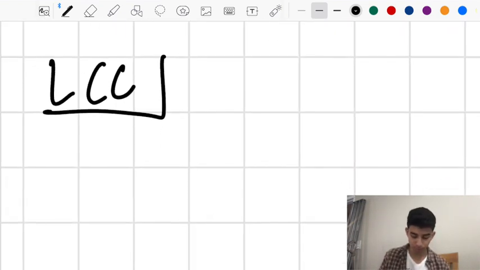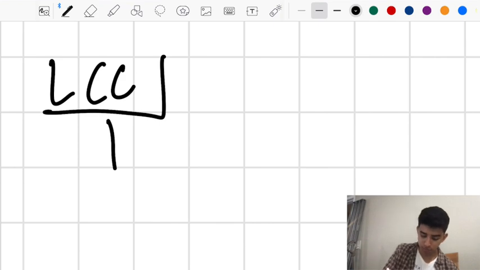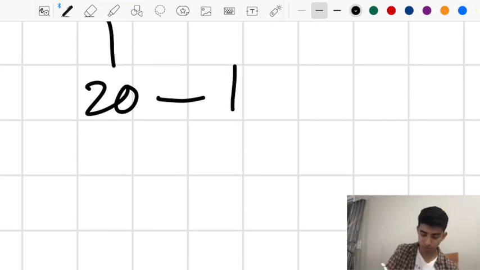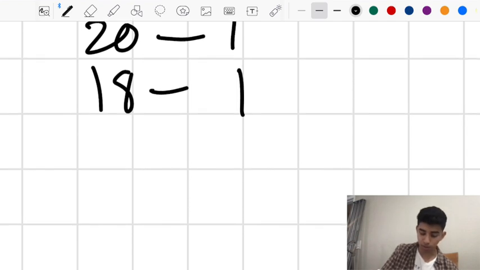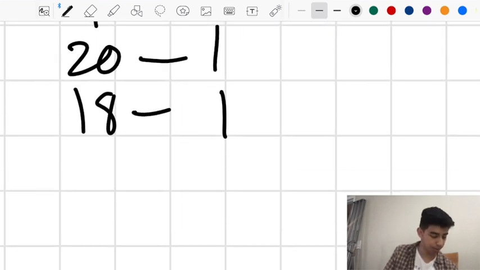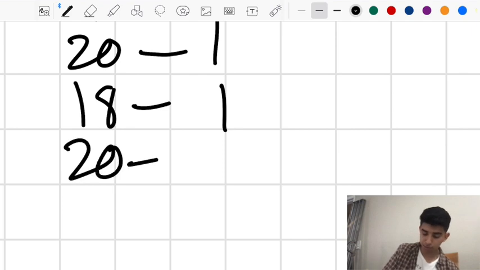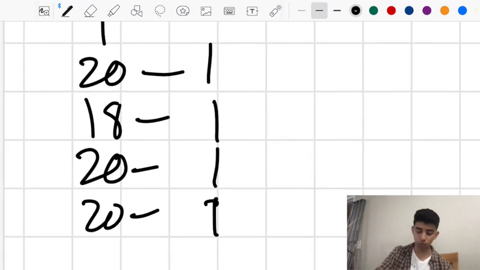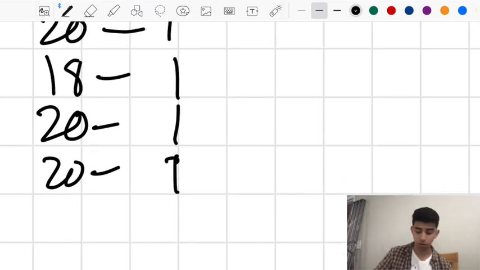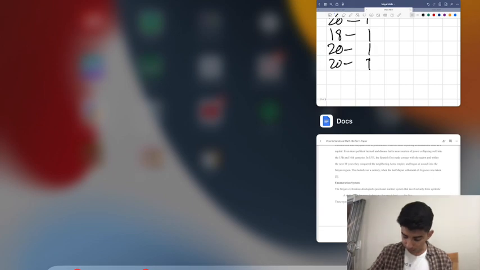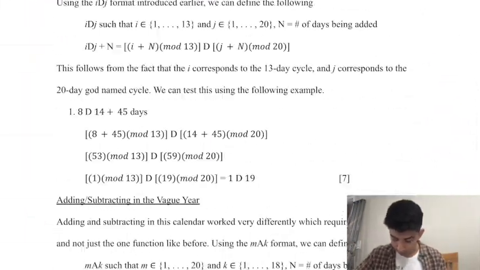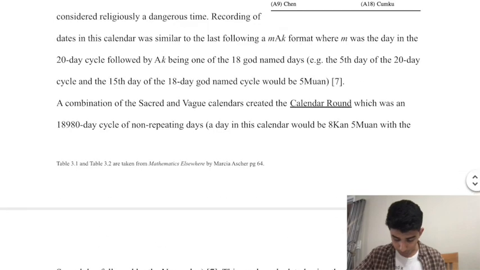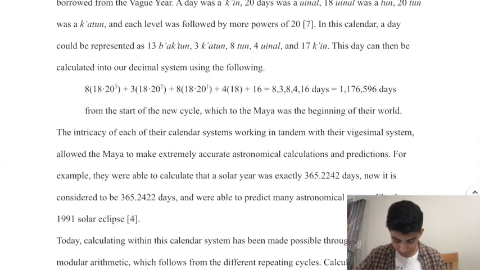So the first unit is the day, 20 days made 1 month, 18 months made 1 year, and 20 years made the next cycle, 20 of those cycles made the next one, and so on, working in powers of 20. For the sake of time, I will just show the example from the notes, which is right here.